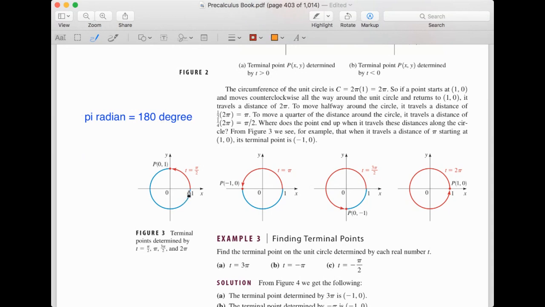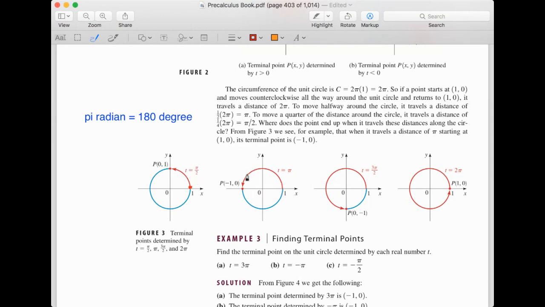So let's see this one. If we measure positively, it's counterclockwise, right? From this point, this is the starting point, up to this point, the angle is 90 degrees, or pi over 2. Because pi is 180 degrees, so pi over 2 is 90 degrees.